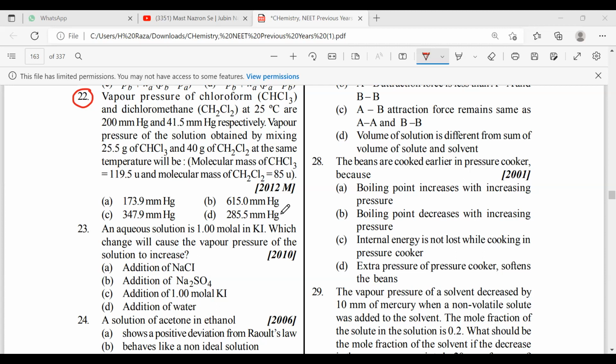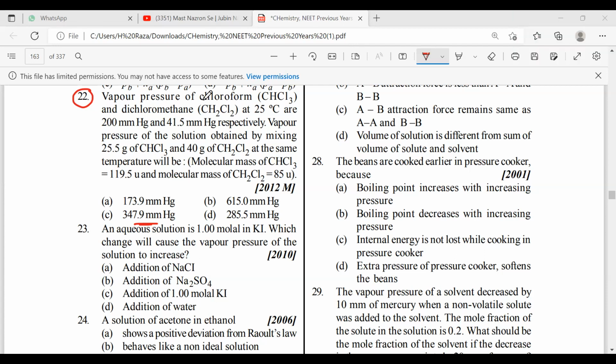Sir, is it option C? What is your answer? 347.9 mmHg. I think it's the wrong answer.